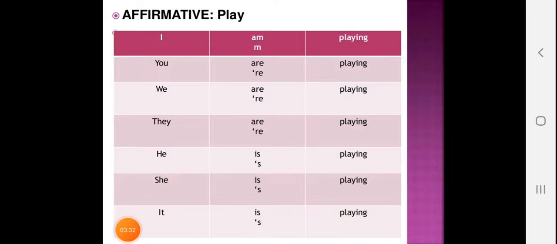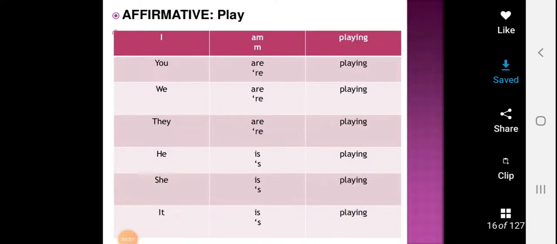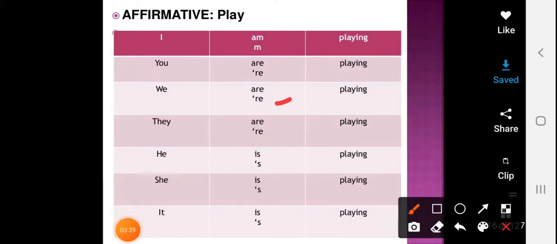Now here are the rules. We use am with I, and we use are with plural subjects. When we talk about more than one person or thing, we use are with them. We are singing, they are dancing, right? And when the subject is singular, he, she, it, or the name of a person, or we are talking about one person, place or thing, we use is.